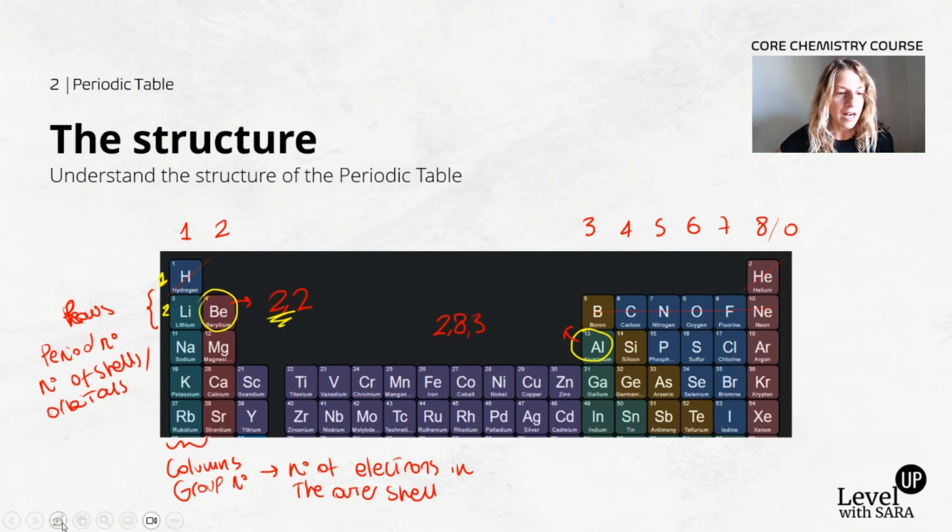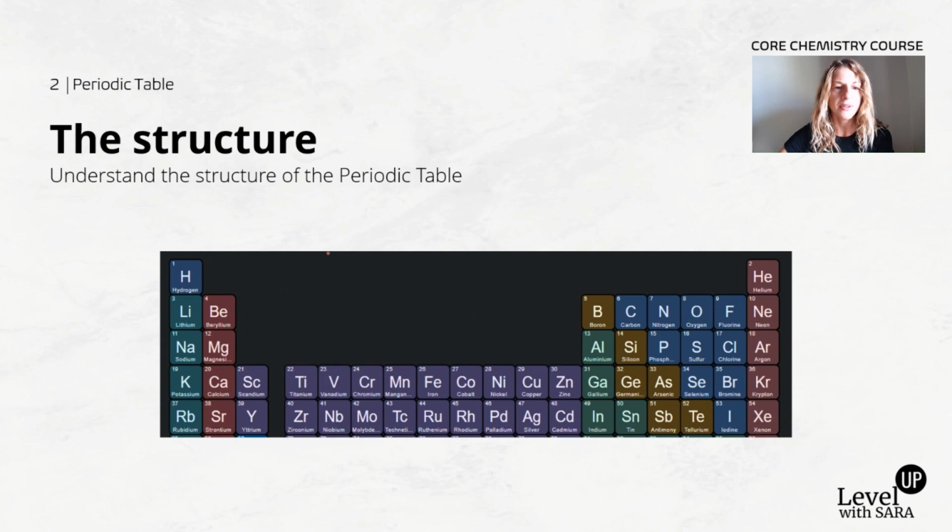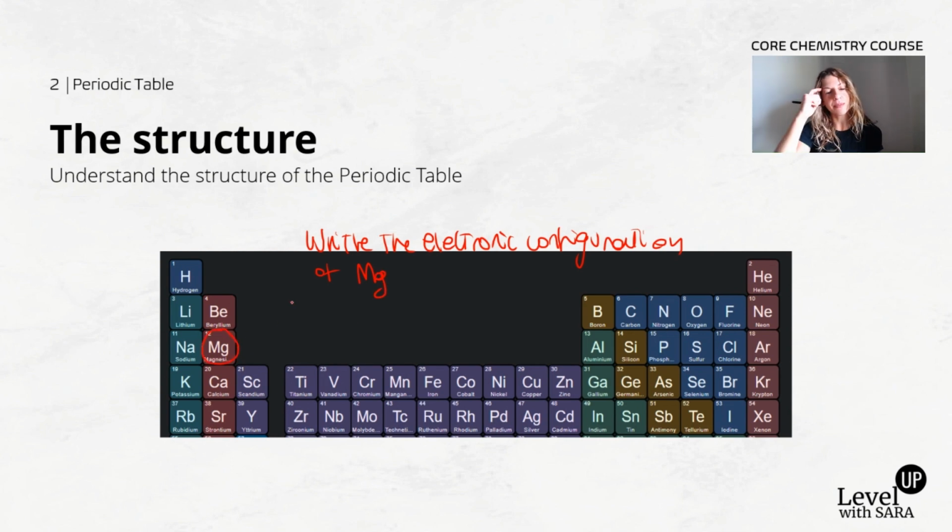Let me clear it up. Use your own periodic table, and I would like you to write the electronic configuration of magnesium, looking at the periodic table. Magnesium is here. Try to do it looking at the periodic table and not at the number of electrons.